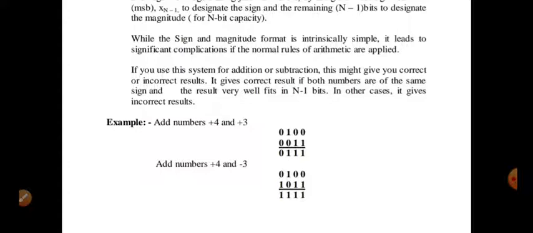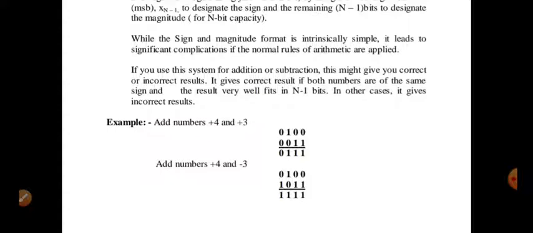And the number is 3, so 0, 1, 1 is the number. So what is the denotation for minus 3? 1, 0, 1, 1. When you add these numbers, you will get 1, 1, 1, 1, which is absolutely wrong.